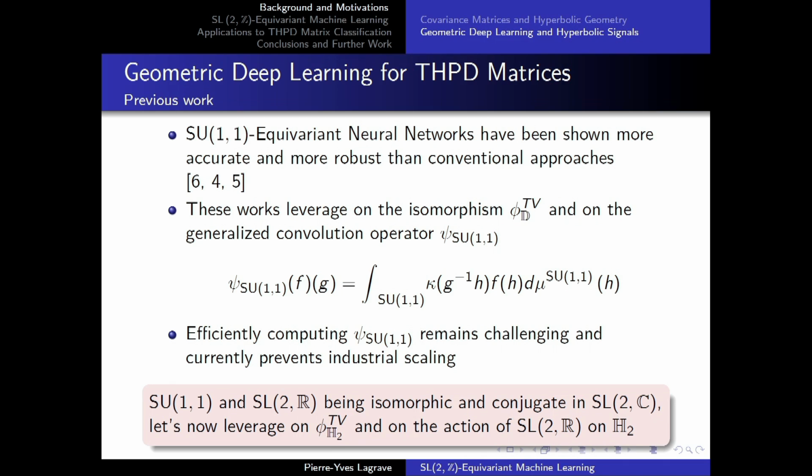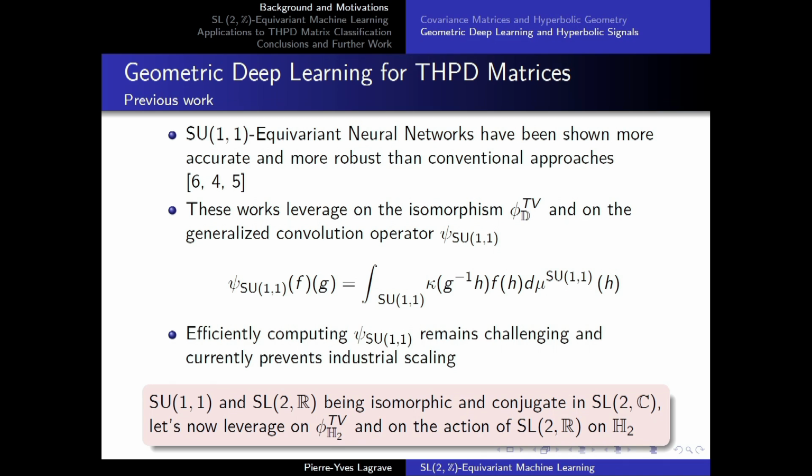We were working with the initial version of the Trench-Verbinski theorem because we were representing the data in the product space of n-1 copies of the Poincaré disk, because the SU11 group also acts transitively on the Poincaré disk. So it was a different point of view, but the choice of SU11 was because of that.